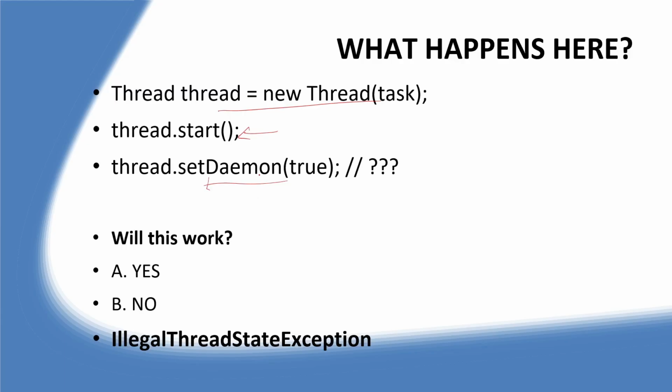So after starting it, we are calling setDaemon true. Will this work? The answer is no, it will not work. Why? Because a thread's daemon status must be set before the thread is started. Trying to change it after the thread is started will result in an IllegalThreadStateException. So always remember the order: create the thread, then set daemon status true, and after that start it. That is the sequence.